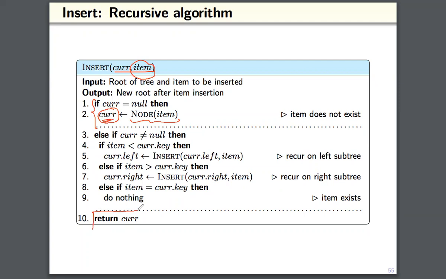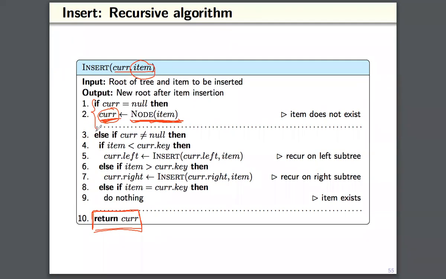And finally, you are returning this current. So here you are returning the new root. So current is equal to new node, and you return the current. If the current is empty, then create a node, insert a node, return that node.